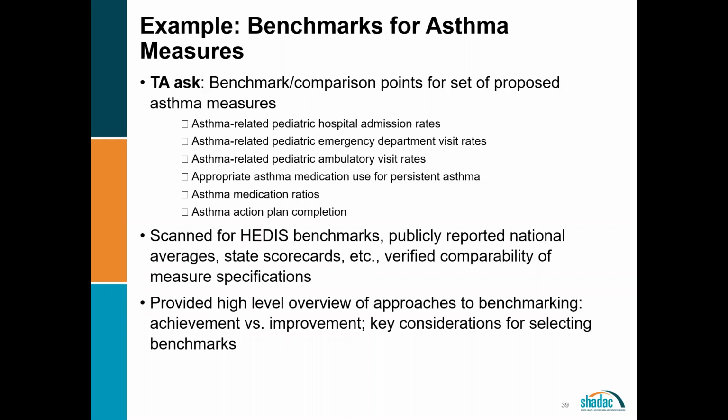So you might take a look at how an organization or a provider, how their performance changed after a year in the intervention compared to the baseline. And this document also provides some high-level considerations for selecting benchmarks and when it might be more appropriate to look at the improvement versus comparison approach.